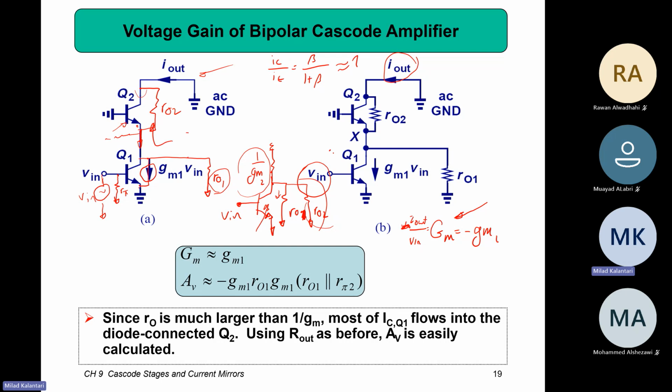It's pretty much similar to the normal common emitter. But the output impedance is much bigger, right? The output impedance is this part, and can be much bigger, roughly beta times larger than the normal thing.